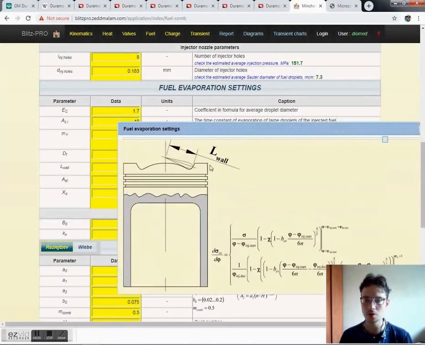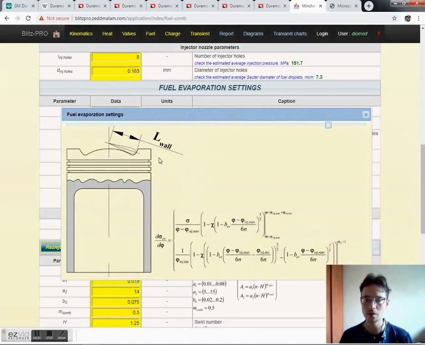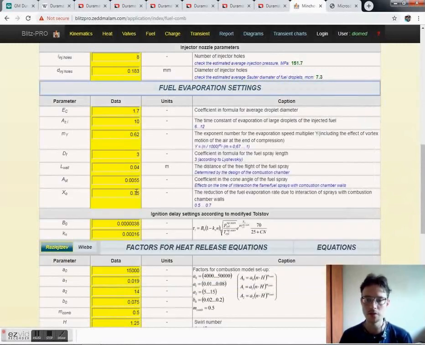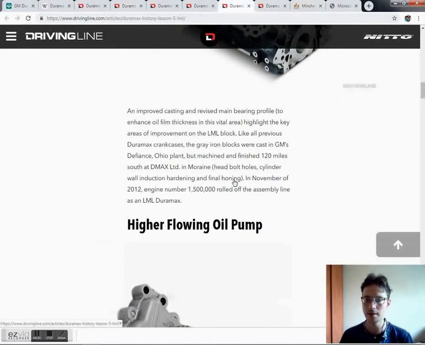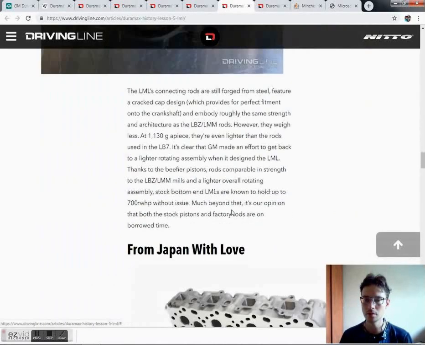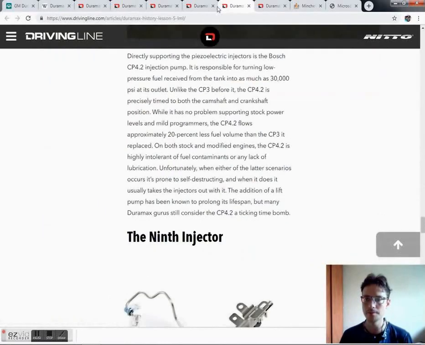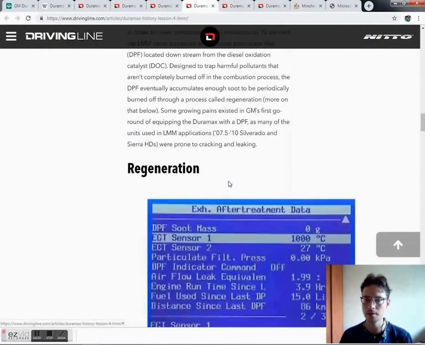The fuel injector sprays the fuel, and the fuel has free flight until it interacts with the walls of the piston, the cylinder, or the cylinder head. So for this engine, we should find the design of the piston, and so let's see.